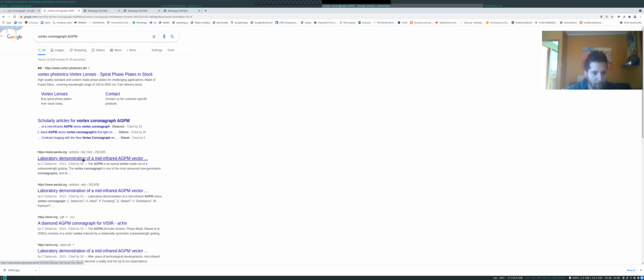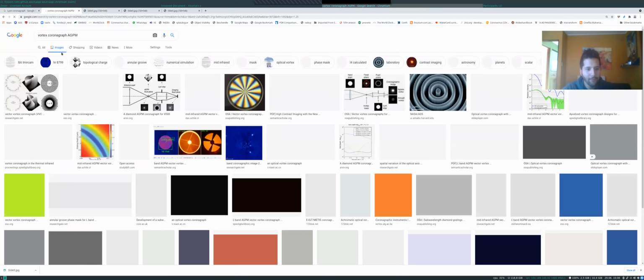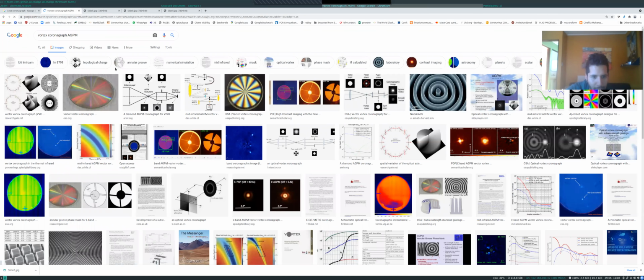Esto no tiene una página web. A ver, Vortex Coronagraph. No. Pero a ver, maybe. Esto es.